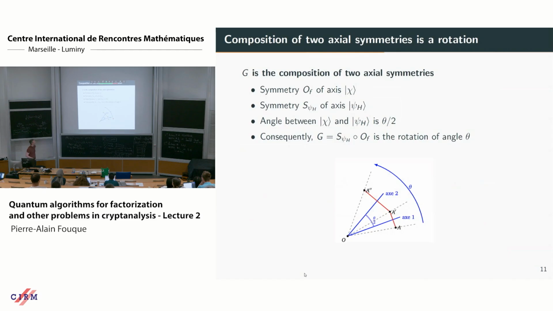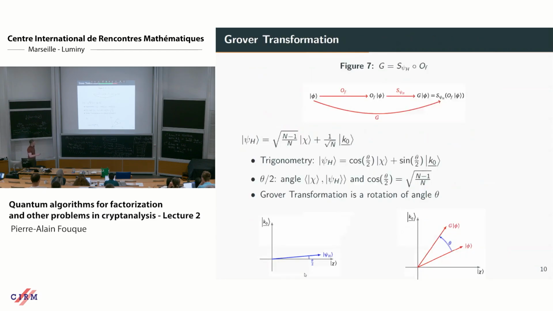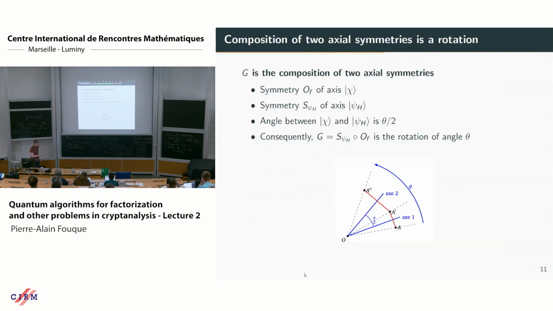So that explains why, when I apply these two axial symmetries, at the end I have a rotation around some axis, by an angle that is twice the size of the input.